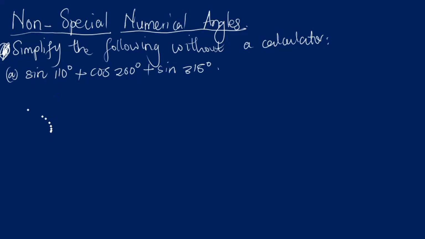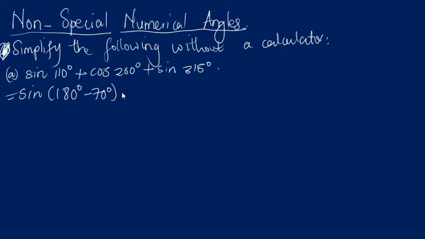The sine of 110, what do we have there? The sine of 110 is going to lend us where? We're going to have something like the sine of 180 degrees minus 70 degrees. Right there. And then what happens with this one?